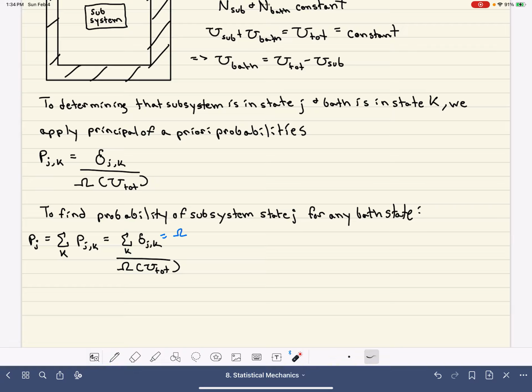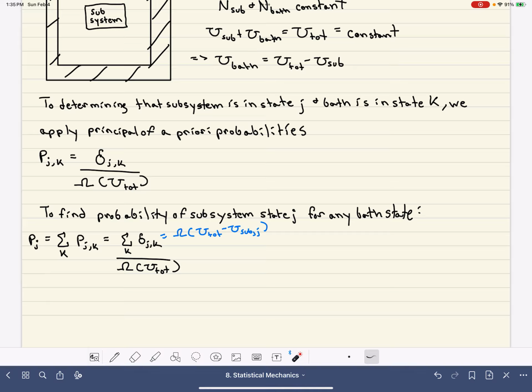In this case, it would be equal to omega of the total internal energy of the entire system minus the internal energy of just the subsystem. Since we're summing over all of k, we're just looking at the delta functions of just the subsystem state J.